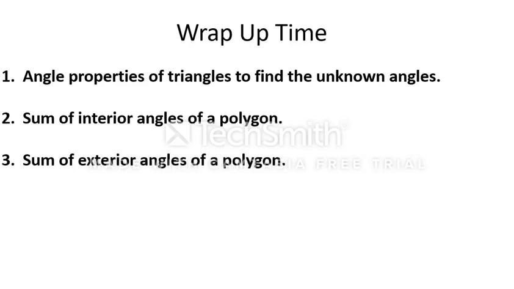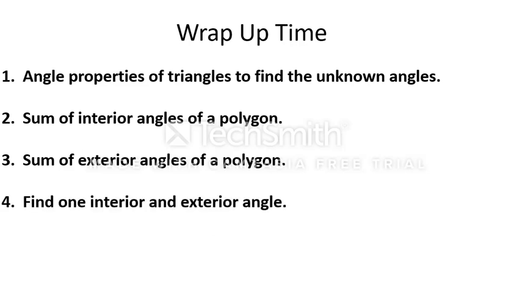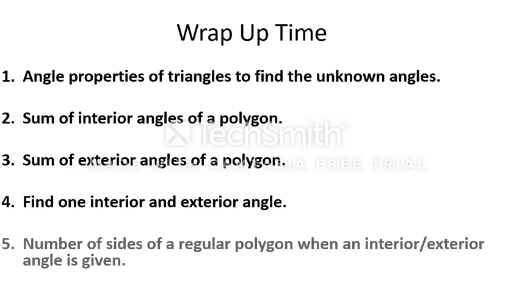Later on, we also talked about the sum of exterior angles of a polygon, which is always equal to 360 degrees. We are also able to find one interior angle and exterior angle of the given polygon. And today, we learned the number of sides of a regular polygon when an interior or exterior angle is given.